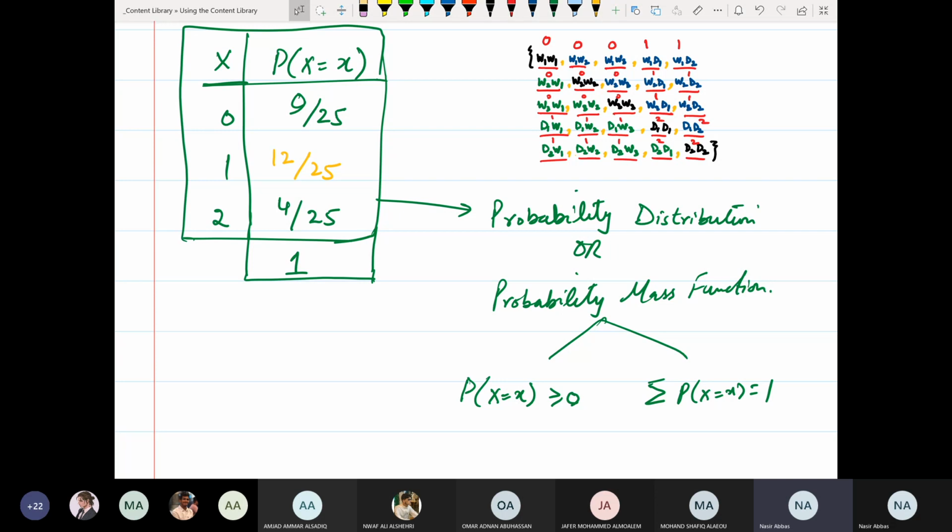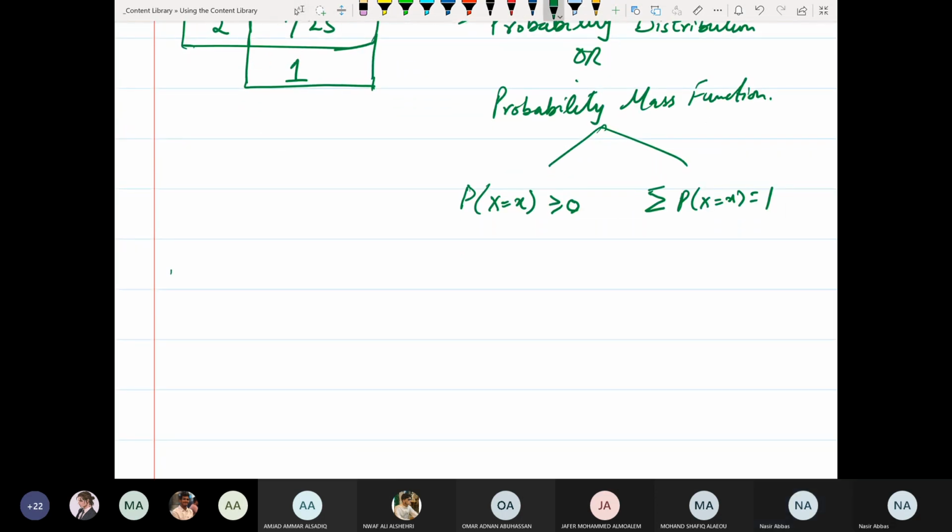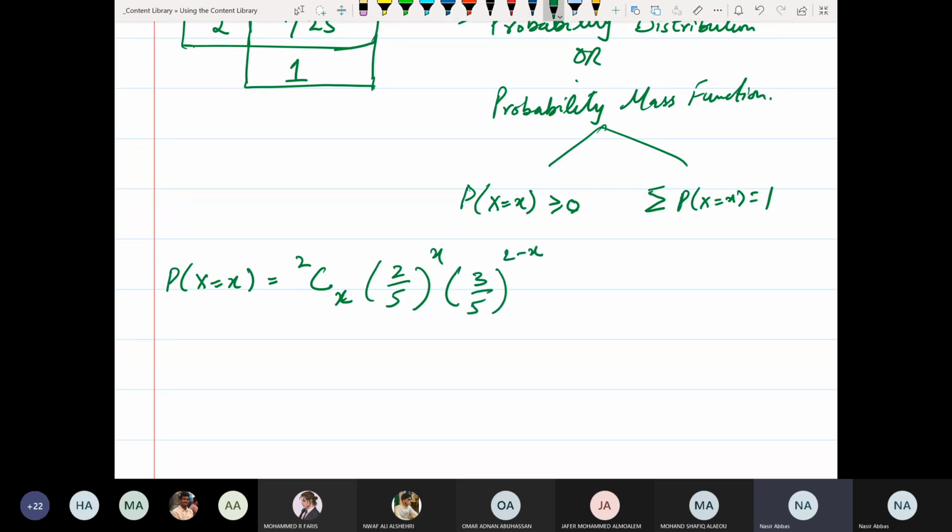For example, in this question, I can write it as probability of X equals x is 2 combination x multiplied by 2 over 5 to the power x multiplied by 3 over 5 to the power 2 minus x, where x is 0, 1, or 2.